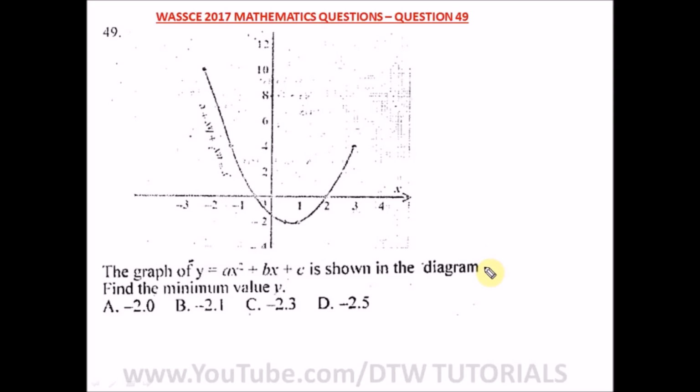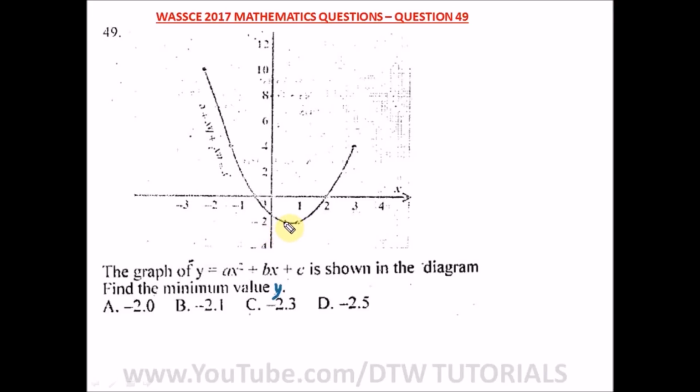Question 49 of our WASSCE 2017 mathematics past question. It says the graph of y equal to ax square plus bx plus c is shown in the diagram. Find the minimum value of y. I apologize, this graph isn't too clear, but this is where the minimum value of y falls.